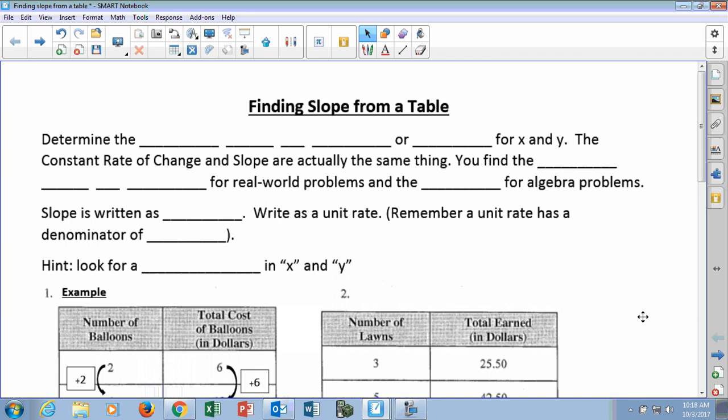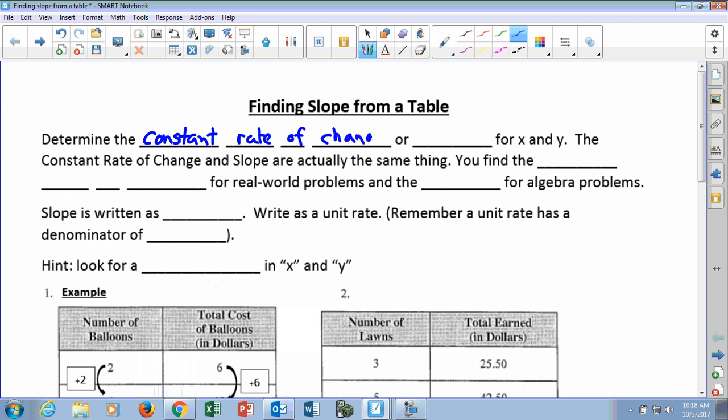Today we get into finding slope from a table. To find slope from a table, we want to determine the constant rate of change, or slope, for x and y.